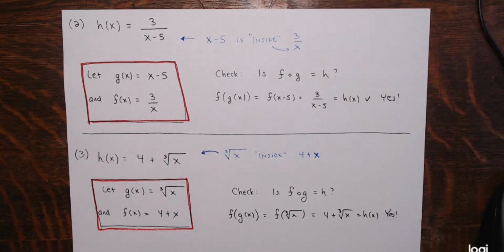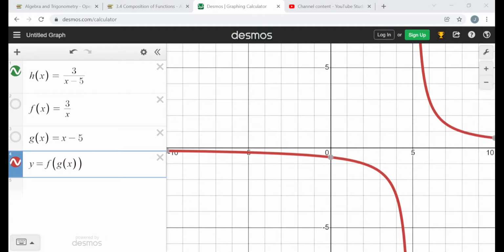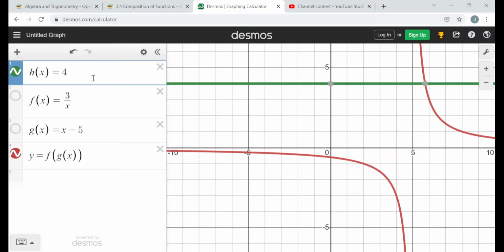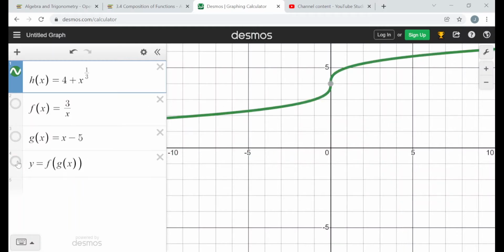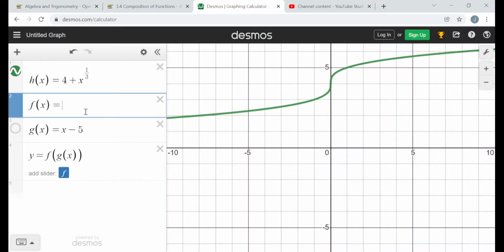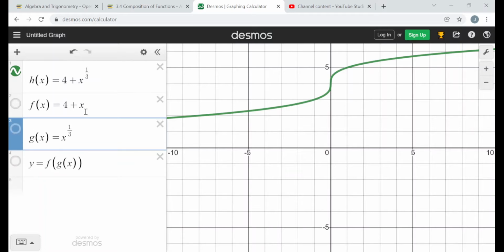And once again, let's go to the Desmos site and verify it with a little graphing. Alright, so the h we were given was 4 plus the cube root of x. Well, I'll just say x to the 1/3 power because I don't feel like searching for the cube root symbol. So there's that green graph, 4 plus the cube root of x. And then f I had was 4 plus x, and g was the cube root of x, or x to the 1/3 power.